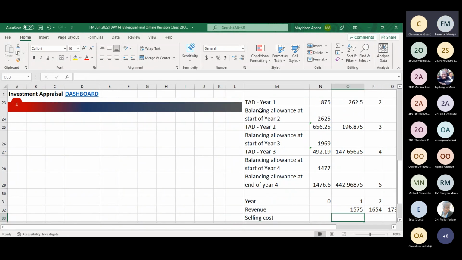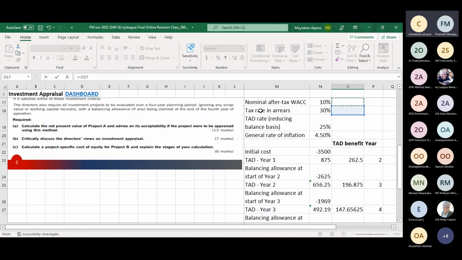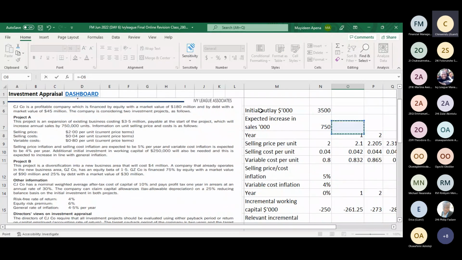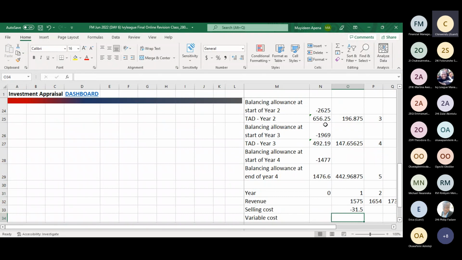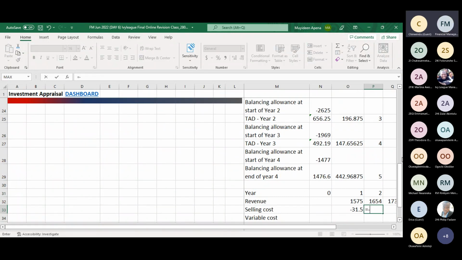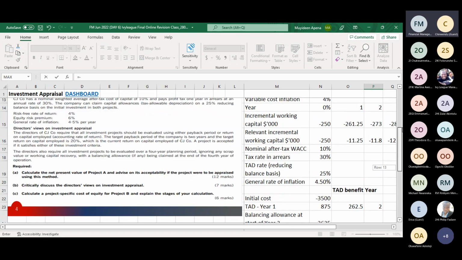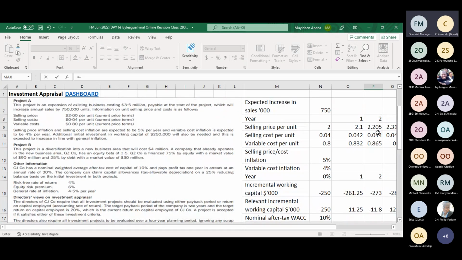Selling costs, let's put it in negative: 0.042 times 750,000 here, year 1. Year 2, 0.044 times 750,000.